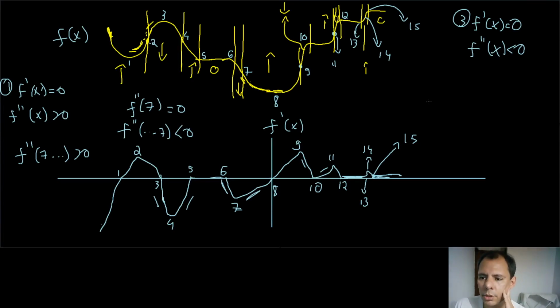In order to be a maximum, the first derivative had to be positive here and negative here with 0 here. To be a minimum, it had to be negative here with a positive here and a 0 here. Now 13, the derivative is 0, so it fits this and it fits this. Now to the left, you just got a 0, and to the right you have a positive, so it's not a minimum or a maximum or anything.